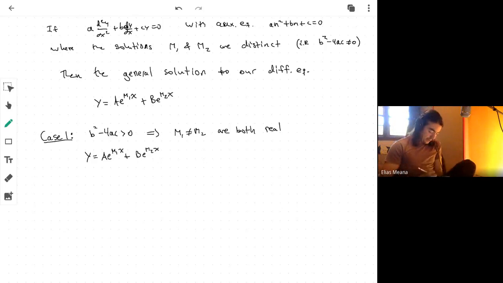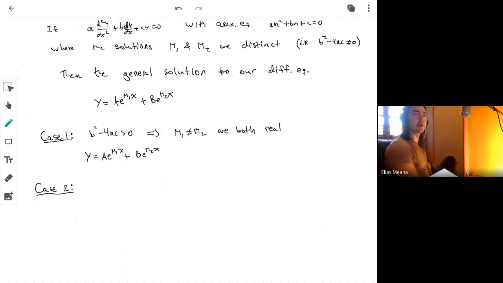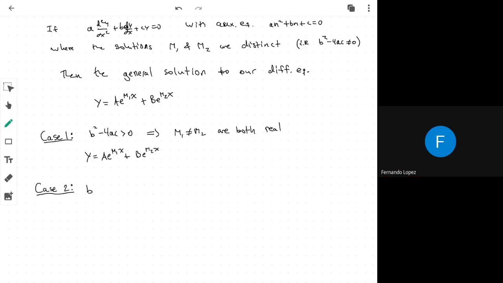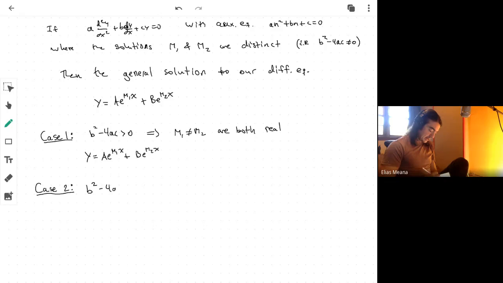If they're both complex, what can we say about their relationship to each other? How are m1 and m2 going to be related? Complex conjugates. That's excellent. So if the discriminant is less than 0, this tells us immediately that m1 and m2 are not the same thing, but they're both complex.